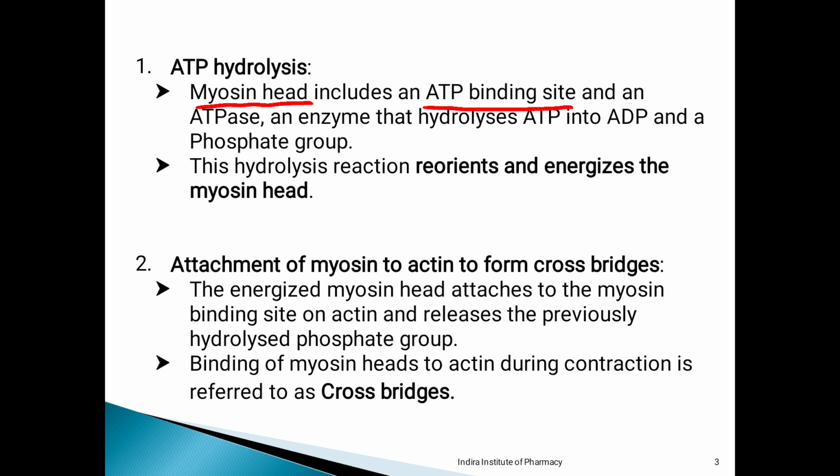In the ATP binding site, an enzyme called ATPase, remember this enzyme, hydrolyzes ATP into ADP and phosphate group.